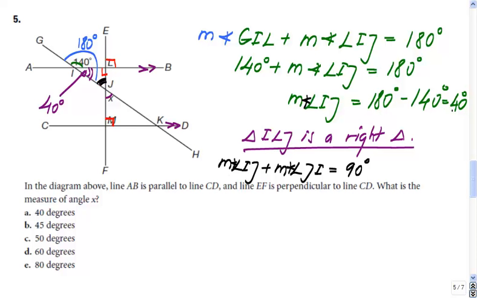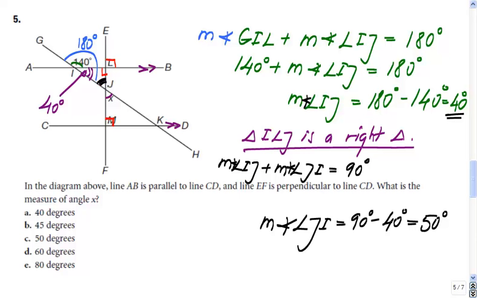But I know that LIJ is 40 degrees, which tells me that the measure of angle LJI should be 90 degrees minus 40 degrees, which gives me 50 degrees. So this angle in here, LJI, is 50 degrees. But that angle is congruent to my X angle because they're vertical angles, right? So the measure of angle X is 50 degrees. C is the answer. Okay, got it?